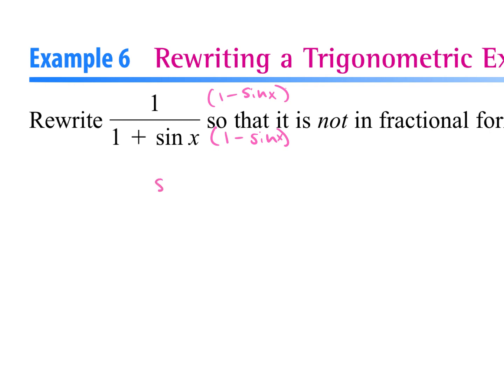On the top, it would just be 1 minus sine. On the bottom, I'm going to have to FOIL. So 1 times 1 would be 1. 1 times negative sine would be negative sine, plus sine. And then sine times negative sine would be negative sine squared.